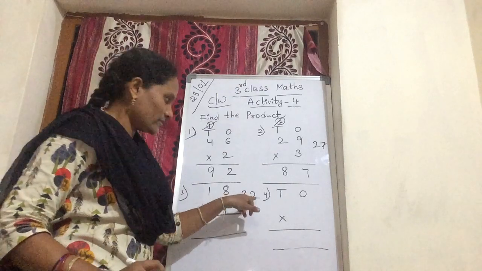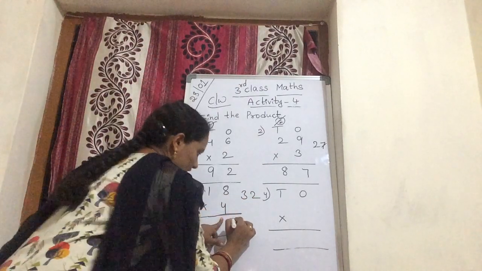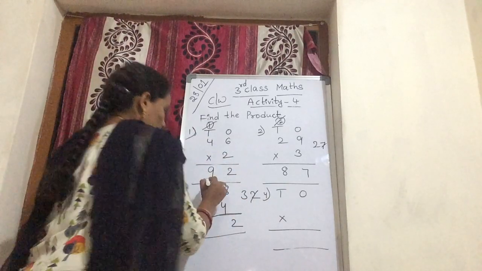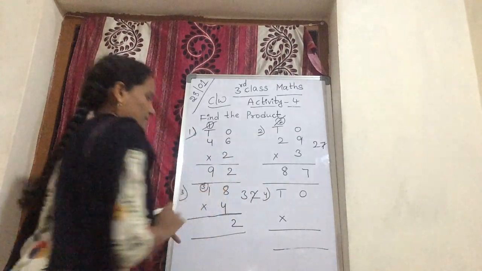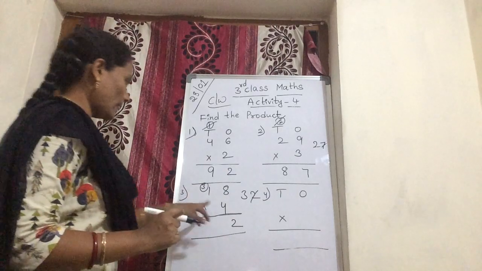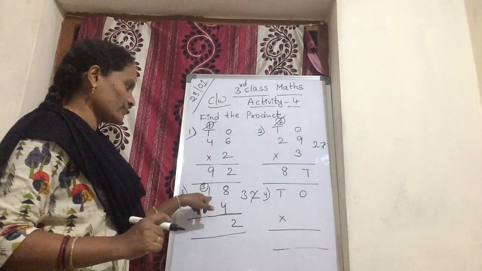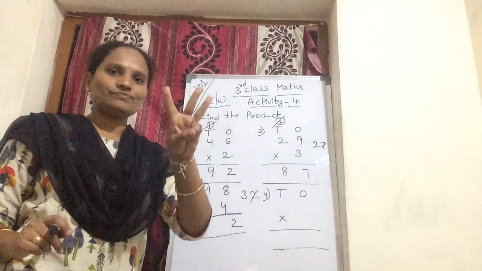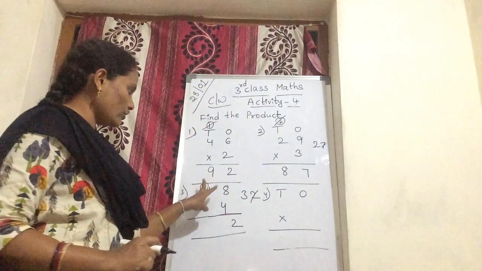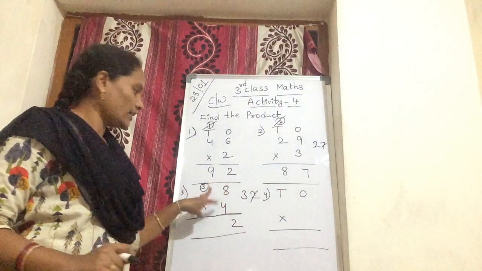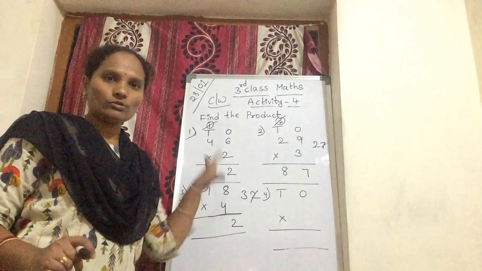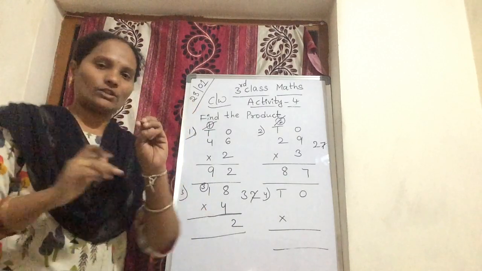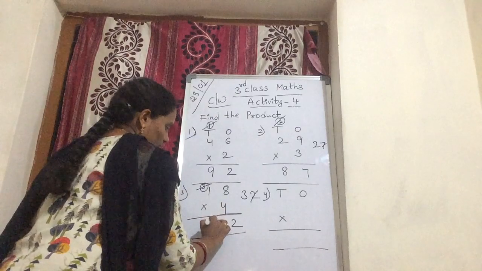So this 2 put in ones place, and this 3 is carried over to tens. Okay, Amma? Now, 1 4s are 4 plus 3. You add this carry to this number. 4 plus 3, you get 7. After adding, you cross it.